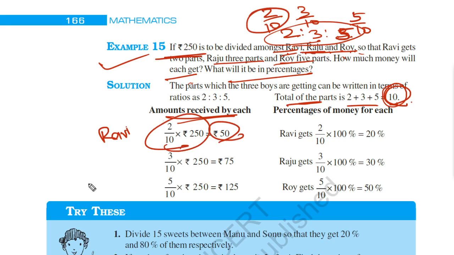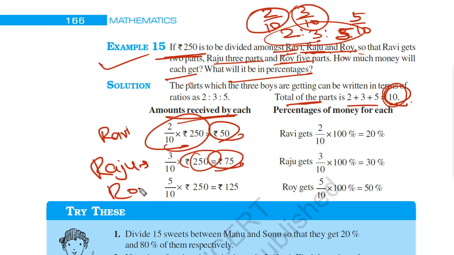Then Raju will get 3 by 10. Here you can see 3 by 10 into total money, that is equal to 75. Similarly, Roy will get 5 by 10. Roy's fraction is 5 by 10 here. 5 by 10 into 250 equal to 125.